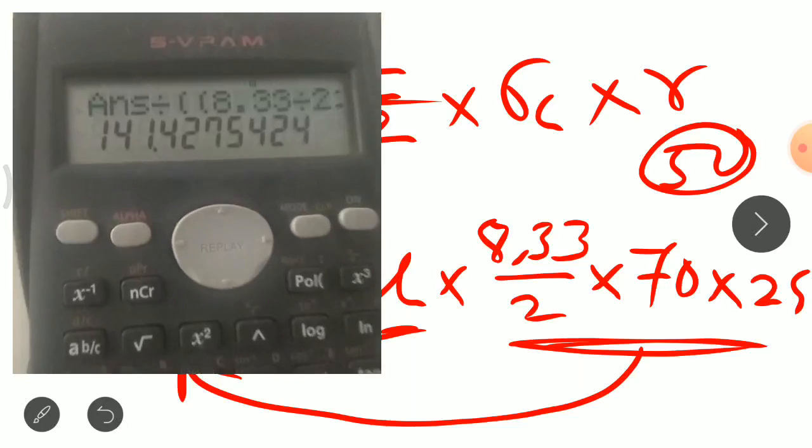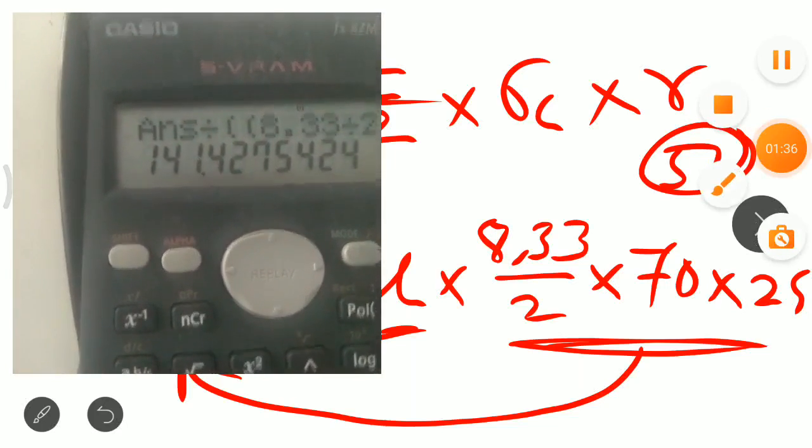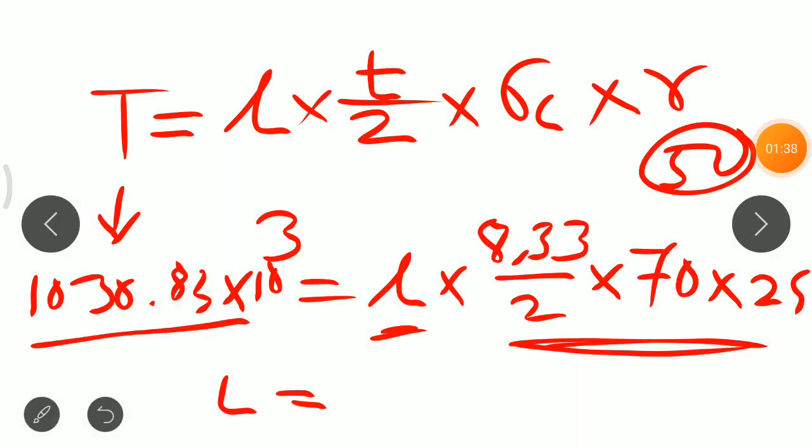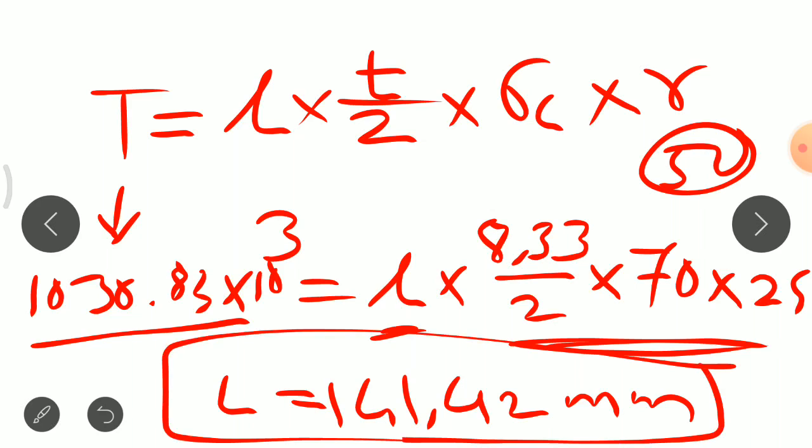Use brackets properly, and the unit of length is mm. So write the second value: L is equal to 141.42 mm. This is the second value of the key.